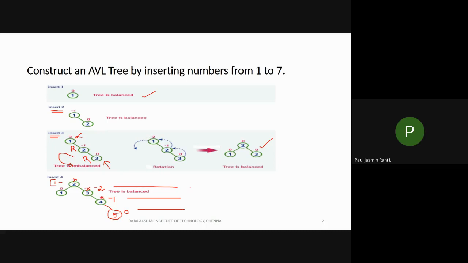So 3 levels is the height of your right subtree. Therefore I'm going to mark it as 1 minus 3. So what answer will you get? You will get -2. Okay, so this is the updated balance factor of your root node 2 when I insert the new element 5.